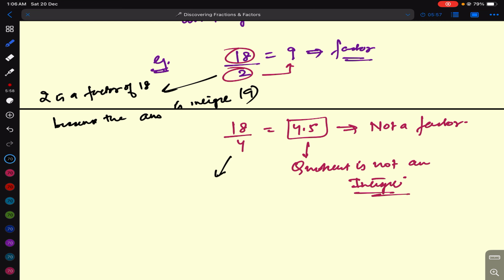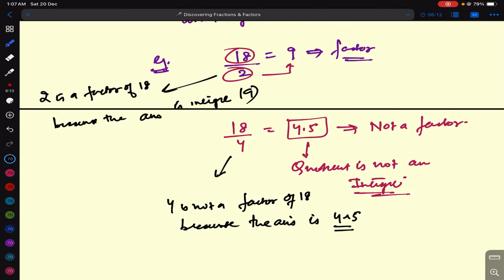But here we can say that 4 is not a factor of 18, because the answer is 4.5, not an integer. I hope that is clear now.